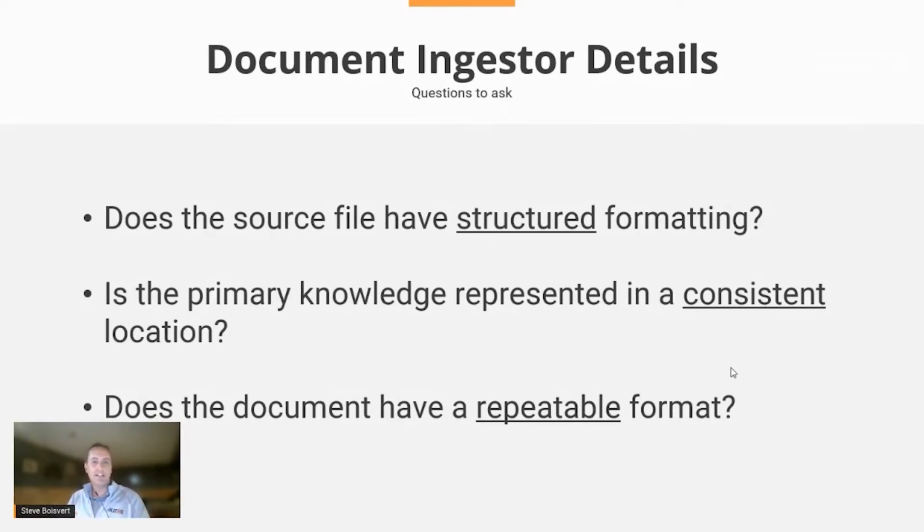If it does, I want to know, is the primary knowledge represented in a consistent location? That example I just went through was all in the center of the document. Very easy to systematically go down that document and extract that knowledge. And lastly, does that document have a repeatable format? So these are the 3 key things that I ask before I even ever open up the document adjuster. And if that document matches these 3 things, then I will take it in there.